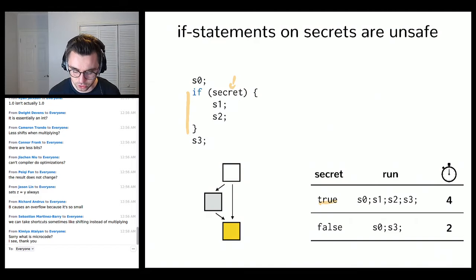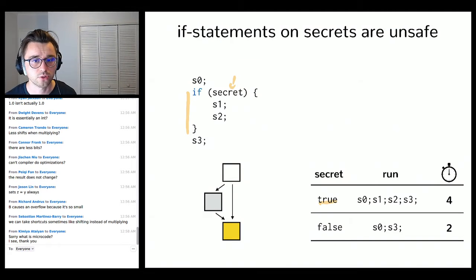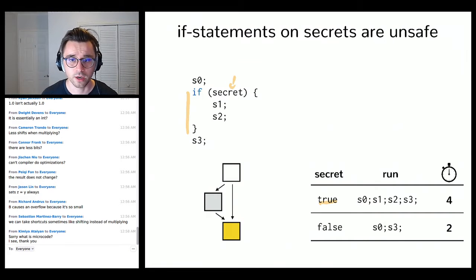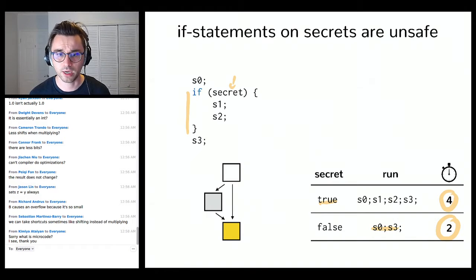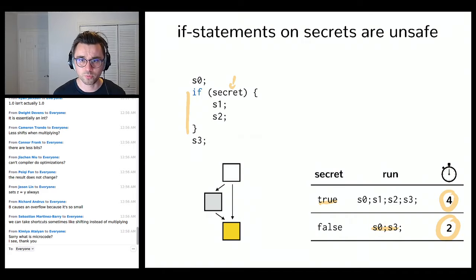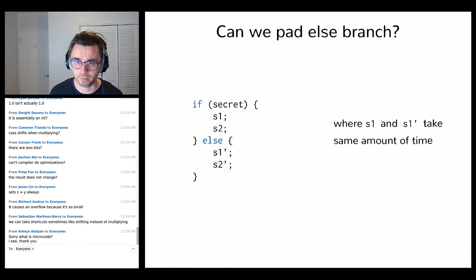If the secret is true, then we're executing S1, S2, S3. If the secret is false, then we're just executing 2 statements. If we pretend that the stopwatch gives us a nice per-statement granularity measurement, then if we measure 4, we know that the secret is 1 or true. If we measure 2, then we know it's false. So branching on secrets is also a bad idea.